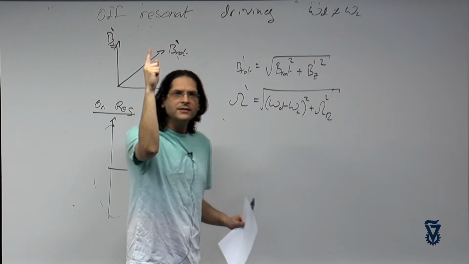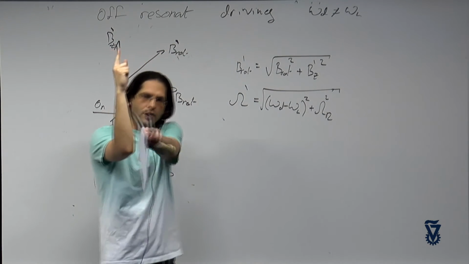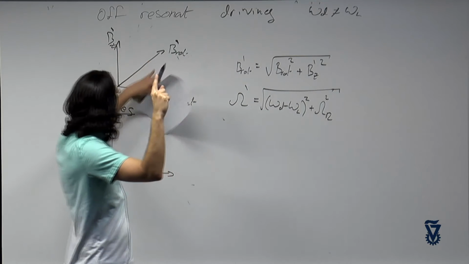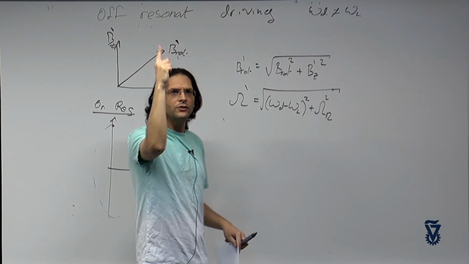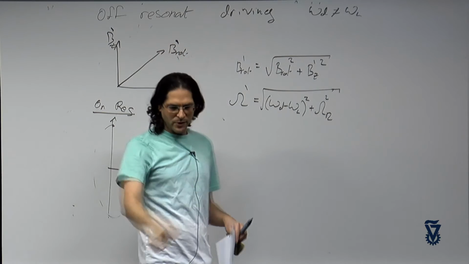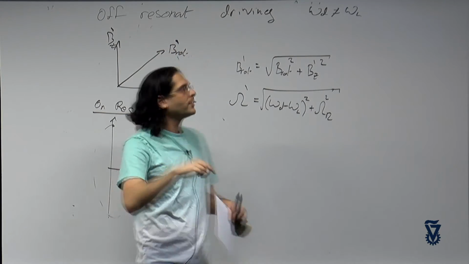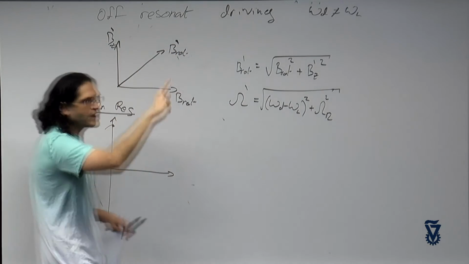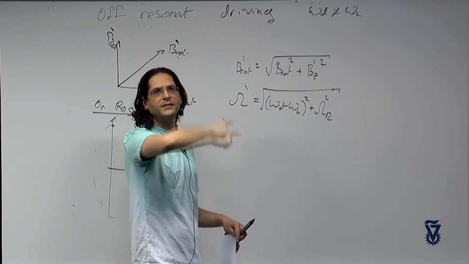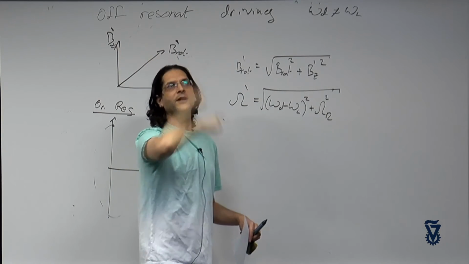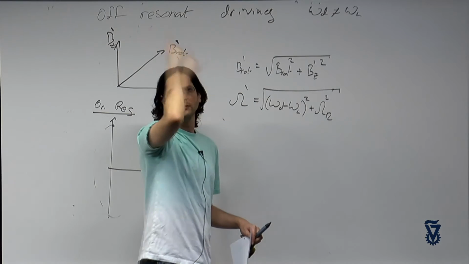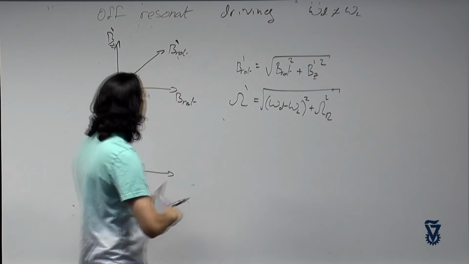Now when we're off resonance, we're no longer driving around the x-axis, but around some other tilted axis. So our rotation is going to be something like this. Suppose that our new axis is now 45 degrees. If this and this are equal, then it's going to be faster, but it's going to be doing smaller circles of the magnetization.